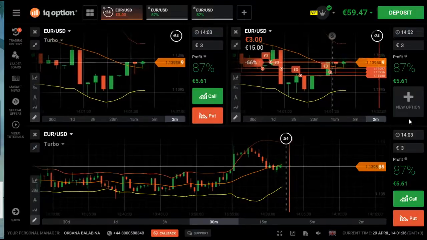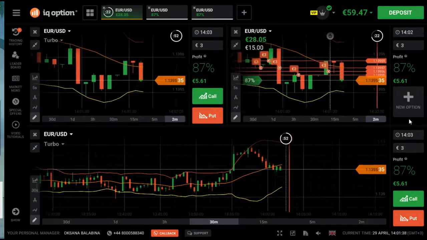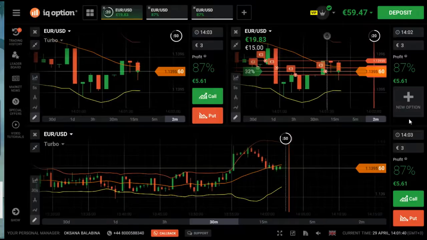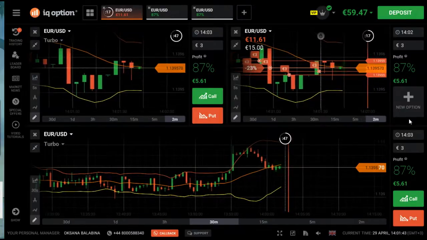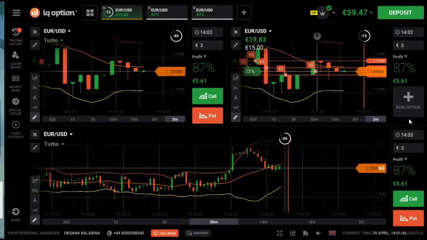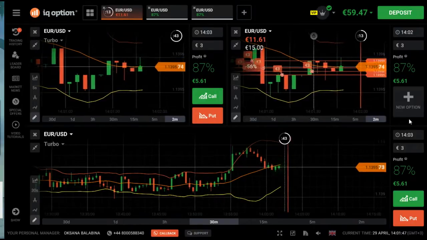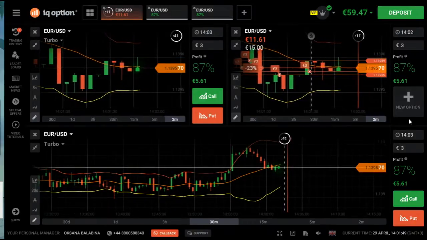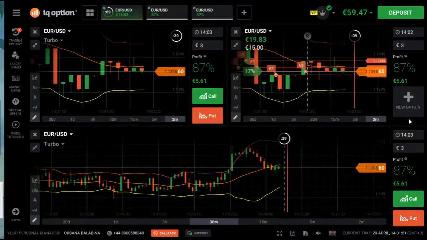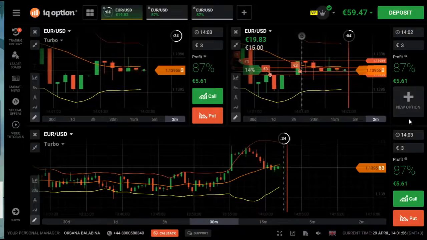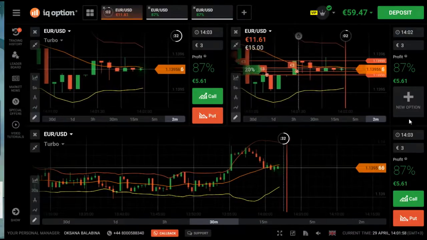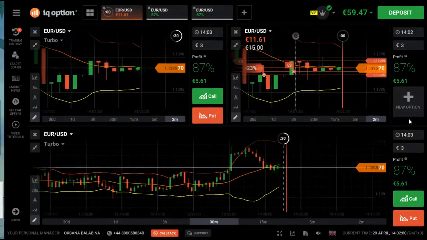But it's a very, very tiny recovery. I'm working on the secondary window. Right now it's a very high risk chart because the candle is just going up and down within 30 seconds.